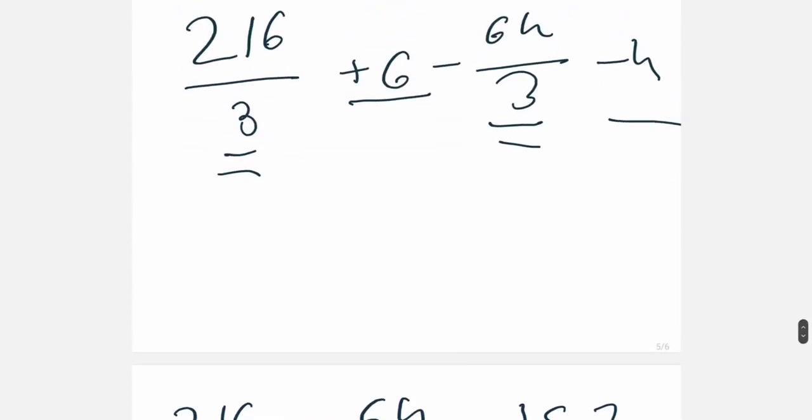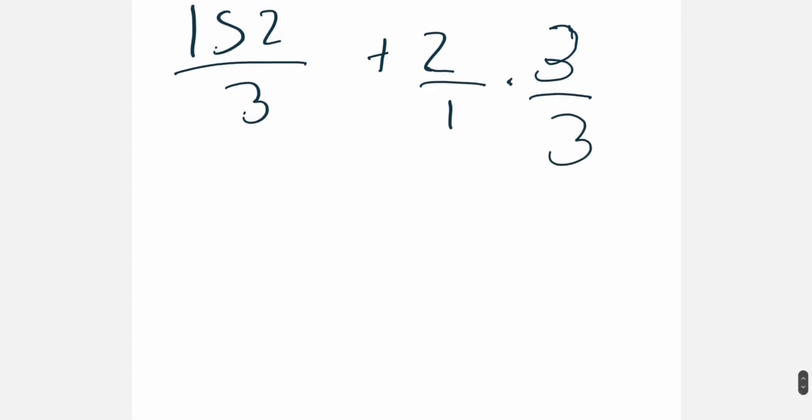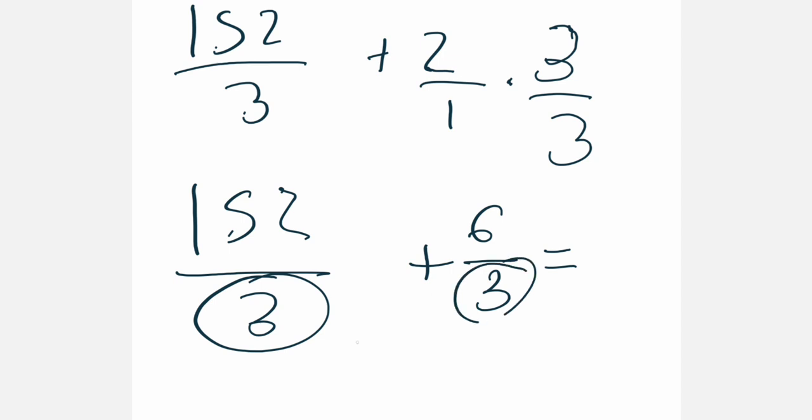Okay. So now we're going to turn this into a fraction. And so we can get the same sort of fraction and add them together, we are going to times it by 3. So this gives us a common denominator being 3. And so we can just add the numerators like normal.